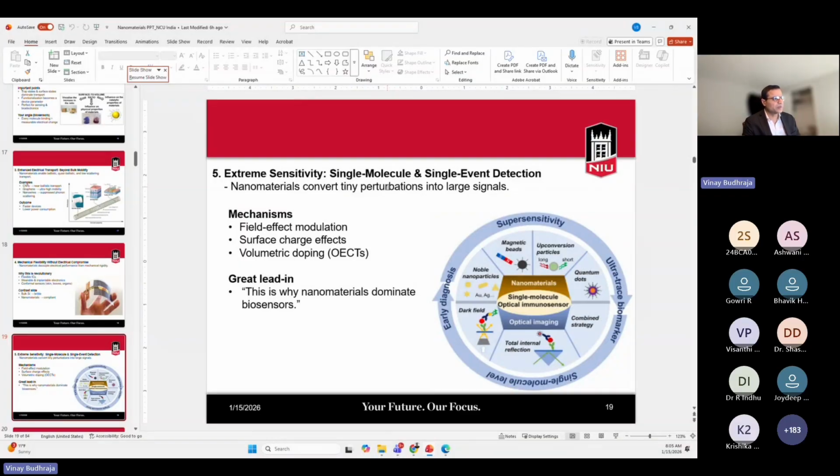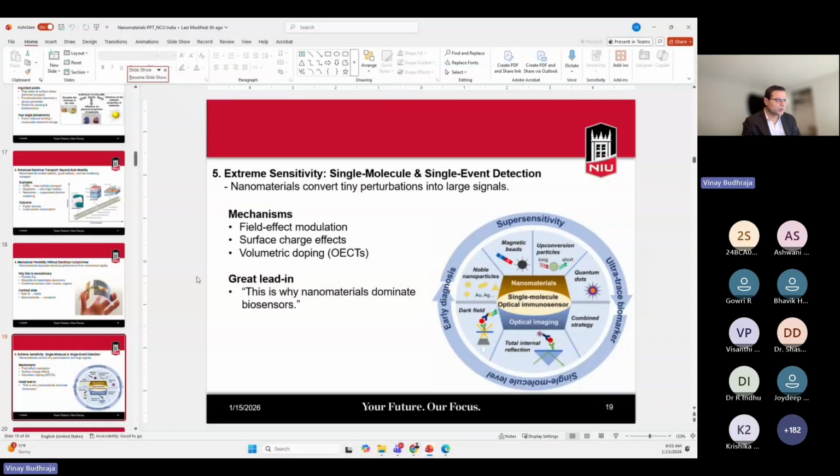The mechanism covers field effect modulation, which is the field effect transfer effect on the semiconductor devices, due to the carrier transport. But in the case of single molecule, it will be mainly based on the interface states, and surface charge gets affected.